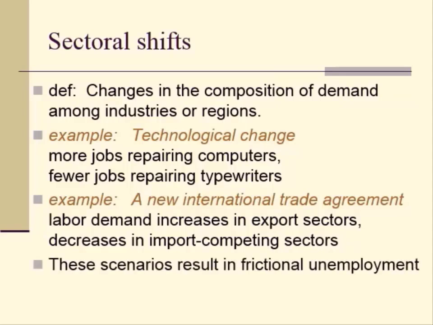These scenarios result in frictional unemployment, and sometimes the unemployment caused by sectoral shifts can be severe. For instance, due to an increase in imports of cheaper foreign-made textiles, particularly since the expiration in 2005 of long-standing quotas on textiles from China, the US textile industry has been in decline for years, and tens of thousands of workers lost jobs in this industry.